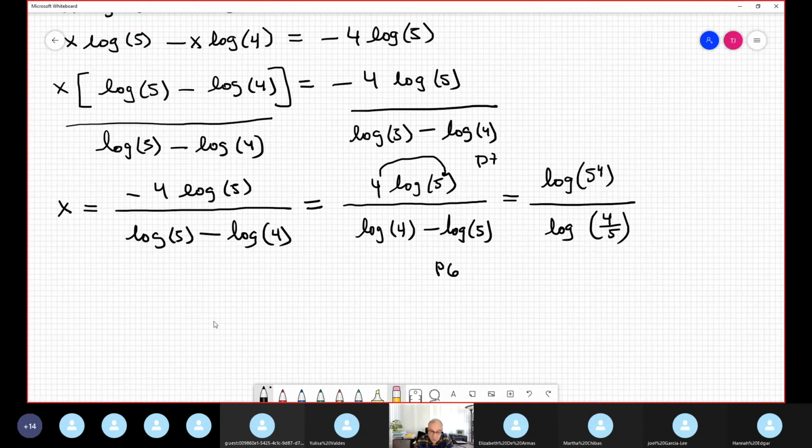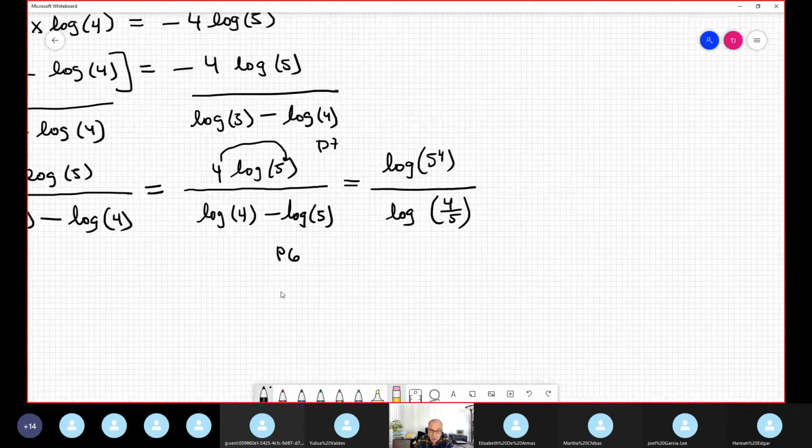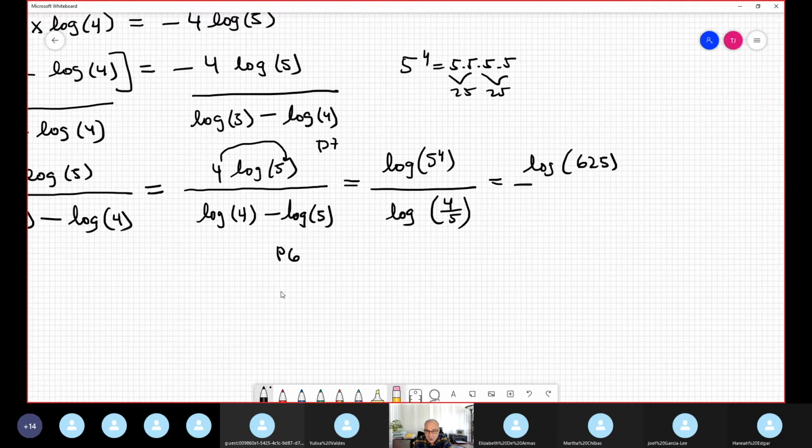And that's it. Not yet. I compute 5 to the 4th power: 5 times 5 times 5, by hand or whatever. This is 25, and 25 times 25 is 625. Just in case, let me check it in my calculator.